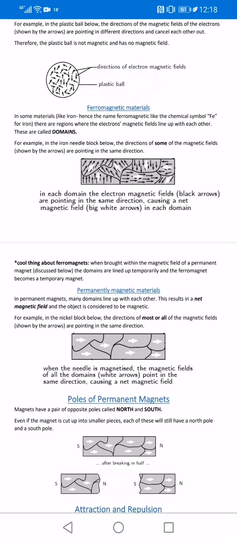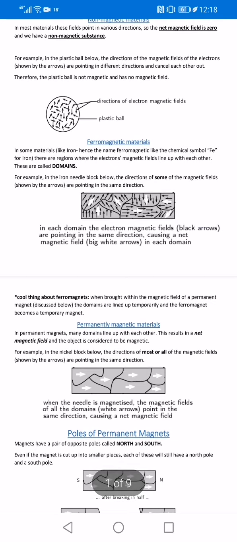Now, a domain is an area within an object where your magnetic fields for each one of your electrons actually line up with each other. So they don't cancel each other out, they line up with each other. Now, that's not saying that they're all lined up, it's just saying that in certain little sections of your object, they are lined up. And those little sections are called domains.